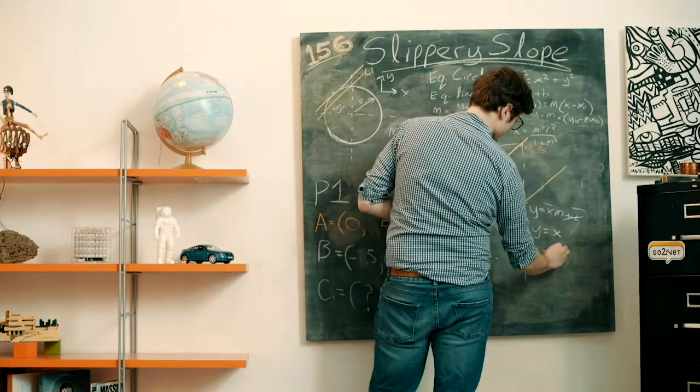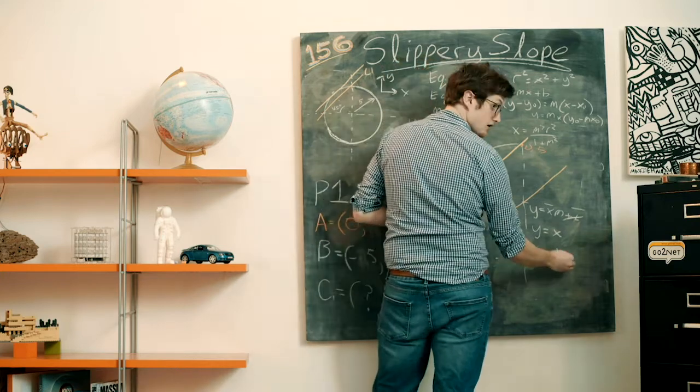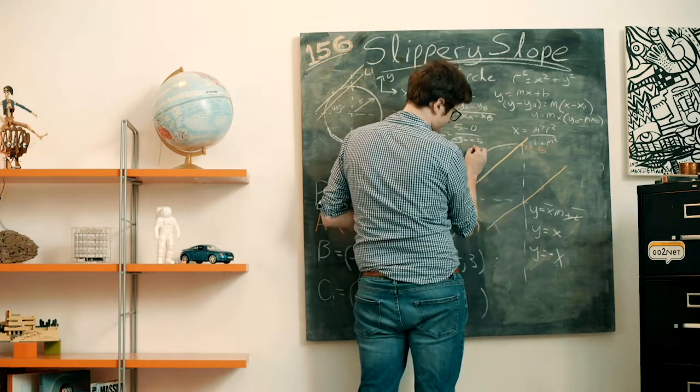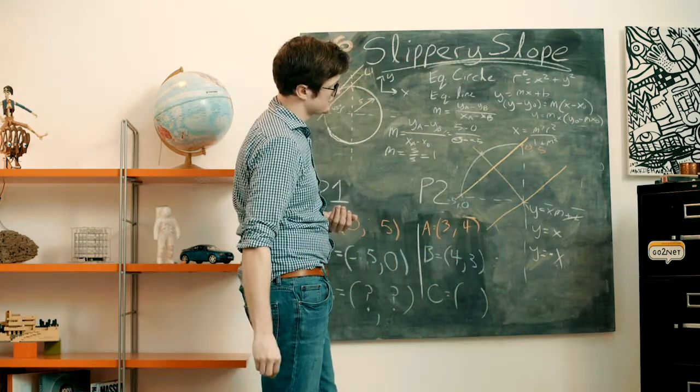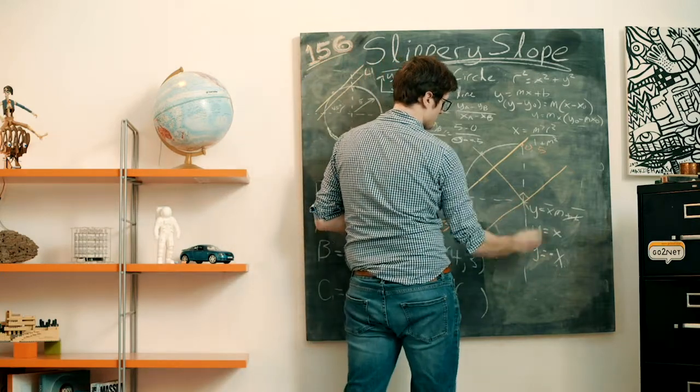Should just be -x. Okay? Oh, it's 1 over 1 -x, that's right. This is our second line here, okay? This is our perpendicular line.